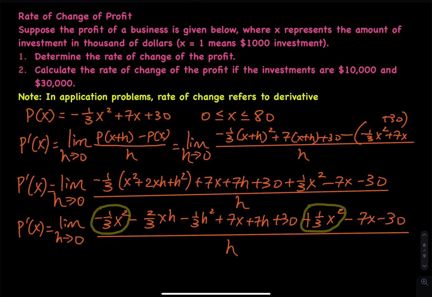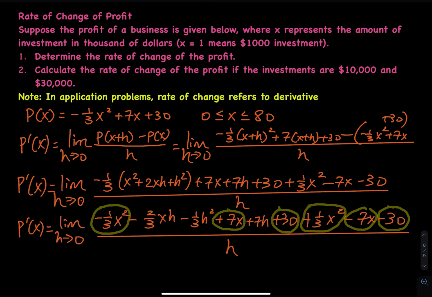If that cannot be gotten rid of, then there is a huge problem, because at the end of the cancellation, each of the remaining terms must have an h attached to it, because I need to factor out the h to get rid of the h in the denominator. Okay, what else? The 30, and then the 7x. Anything else? I guess that's it.